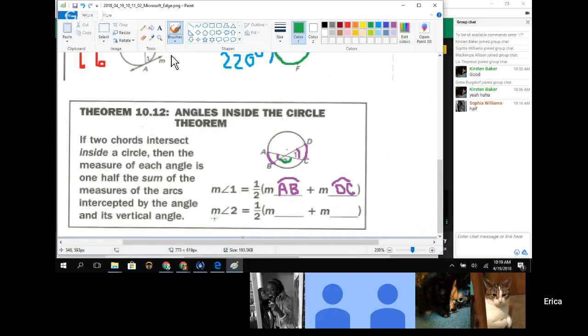The measure of angle 2 is equal to 1/2 the measure of arc BC plus the measure of arc AD. So again, you're basically taking the average of the two arcs. You're adding them together and you'll figure out what the measure of angle 2 is, which is also the measure of the opposite angle.